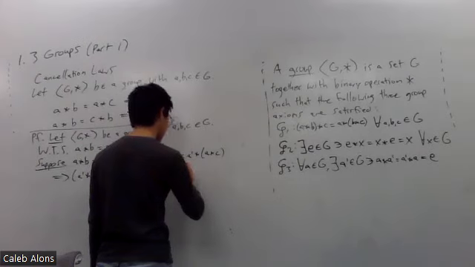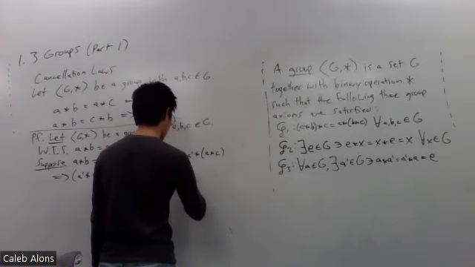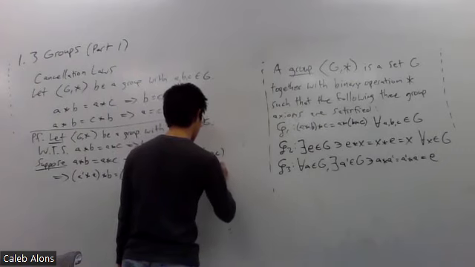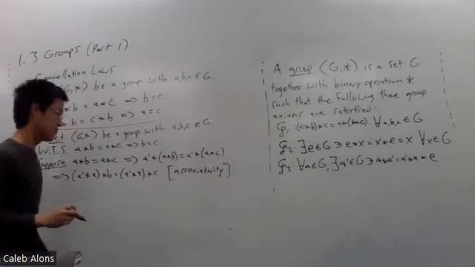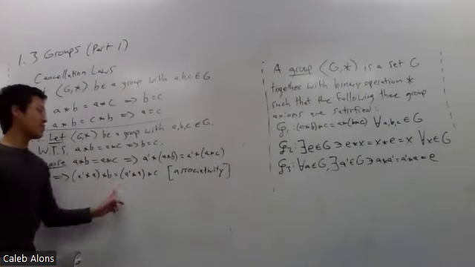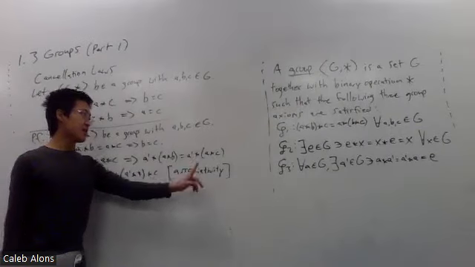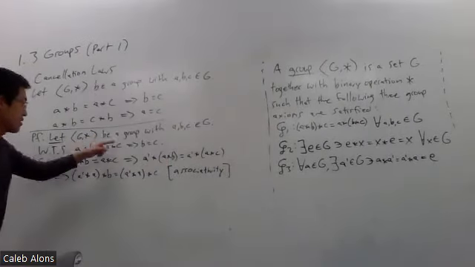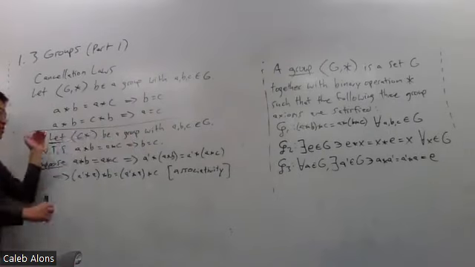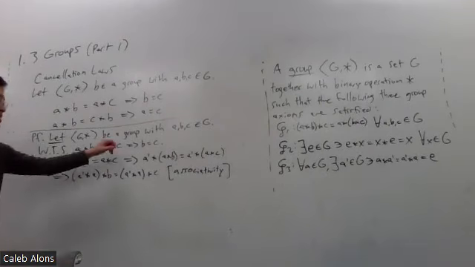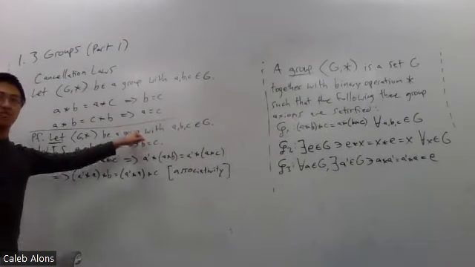This is axiom 1. That makes sense. We're allowed to do this because associativity is definitional for groups. We're playing with a group. That's our preamble, that's our hypothesis. So we're allowed to take advantage of all the properties that come with being a group.